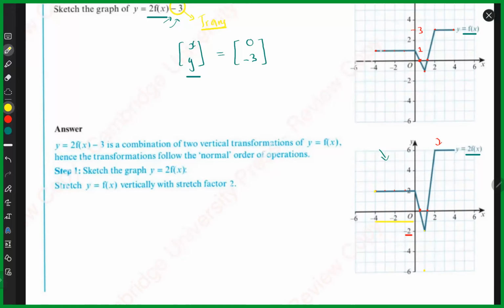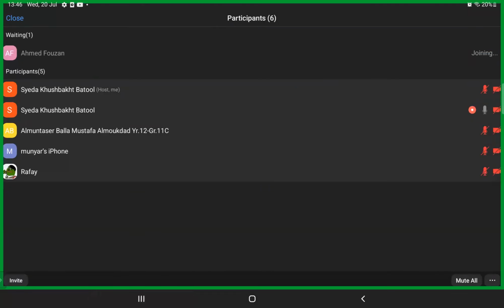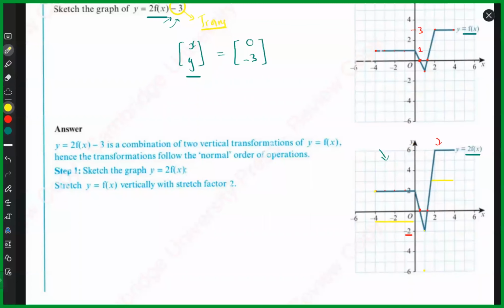So this line would basically be made at this point. Let me make it again. So for stretch, we just stretch the graph vertically, and after that we add -3, and for that -3 I am just going to shift the graph 3 units down. So for that, just pick up some random points of the graph.